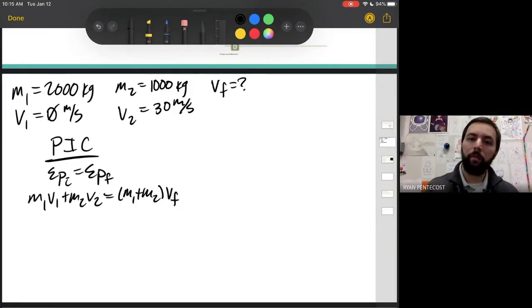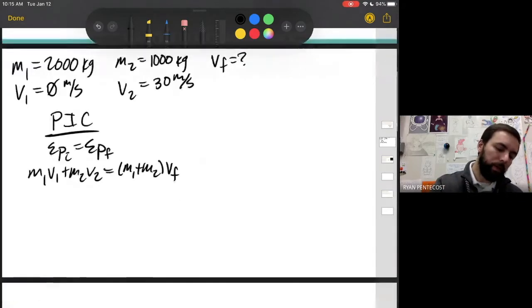They're going to stick together somehow, and they're going to move with one common velocity. So if we want Vf, let's divide by the sum of masses. You've got m1 v1 plus m2 v2, all divided by the sum of masses, and that will give you V final.